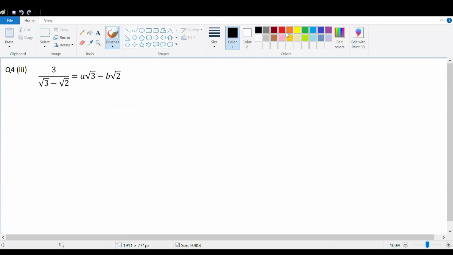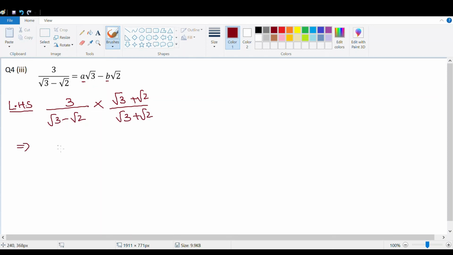The next question that we do is question number 4, part 3. Again, we need to find the value of a and b. So again, let's start with the left hand side. I have 3 upon (root 3 minus root 2). Let's rationalize the denominator. This is in the form x minus y, which means I will have to rationalize it with x plus y so that my square root sign from the denominator goes away.